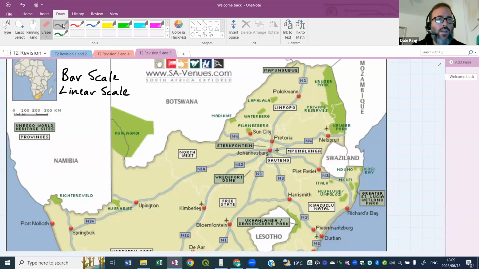Excellent. So just like Emmanuel said, you've got to use your ruler for this bar scale, or sometimes called a linear scale. If I have a ruler, I'm going to draw a very basic ruler underneath it here. In fact, let's leave the arrows out and draw a perfectly straight line. You will put your ruler underneath this bar scale here.